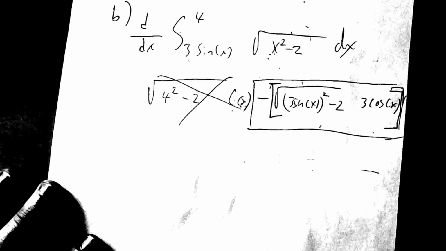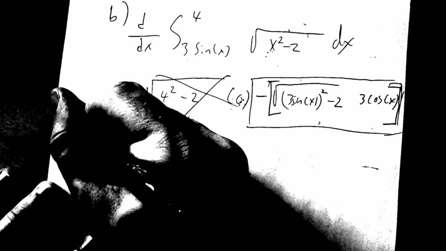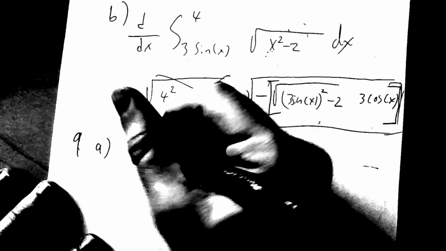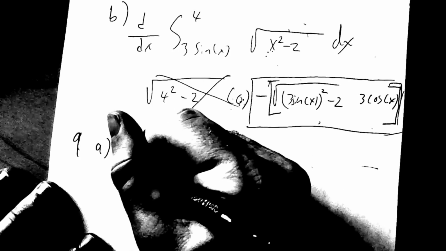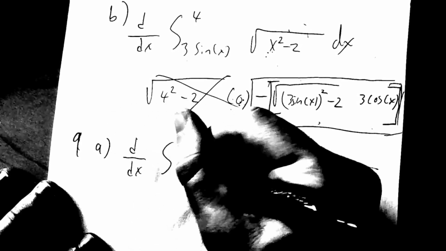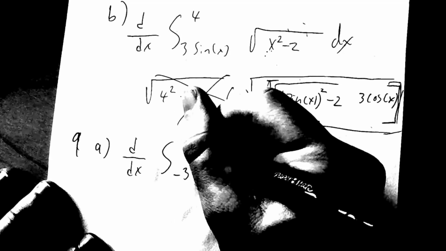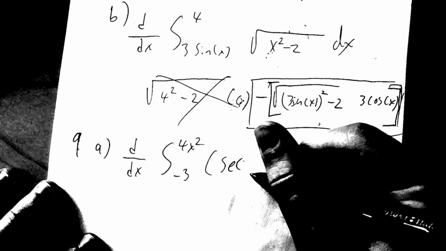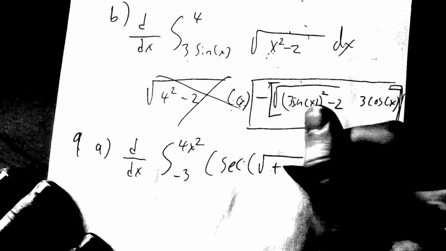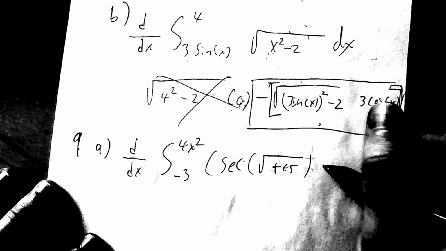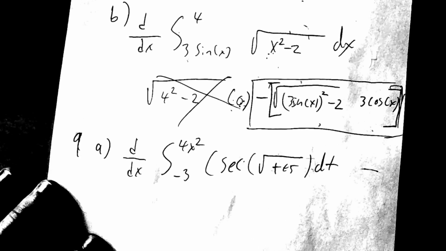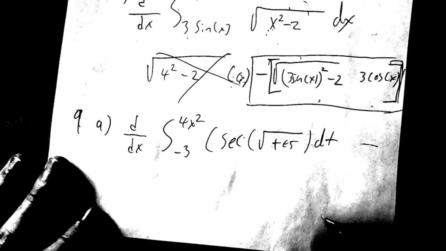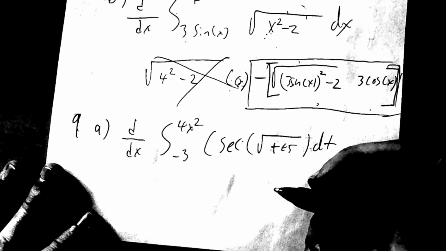This is 9a now. 9a, derivative from negative 3 to 4x squared of secant root (t plus 5) dt. Okay, the t doesn't change anything, doesn't change the process at all. It's the same thing.